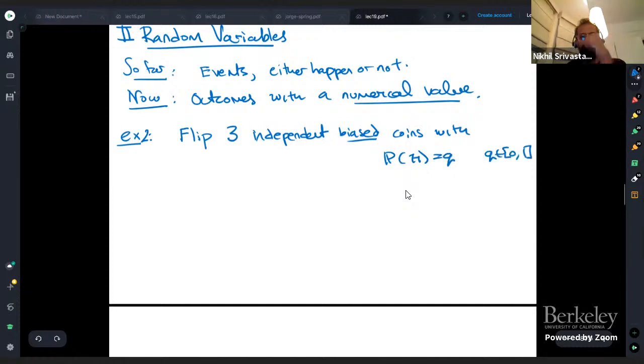So there's some parameter in this problem. It may not be 1/2. And so the question we want to answer is, what's the average number of heads?